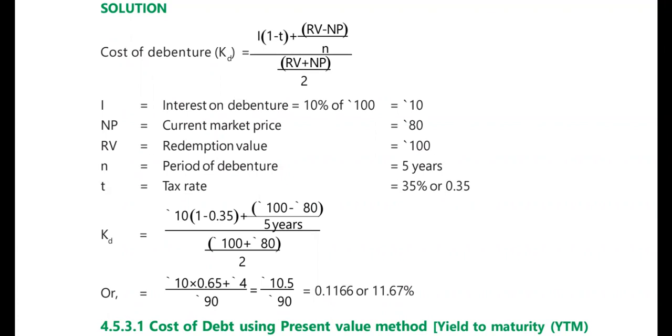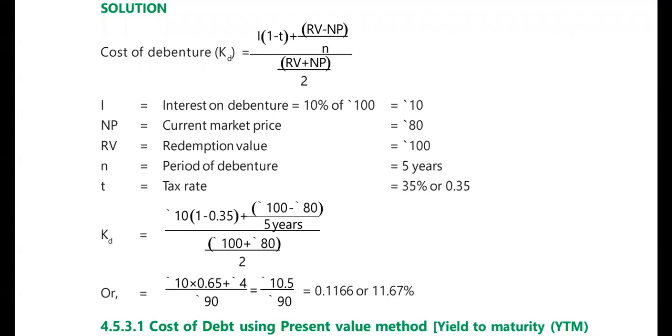Now let us put in the formula. First of all, I, that is interest, we have 10 rupees into bracket 1 minus 0.35, plus RV minus NP. So RV redemption value is 100 minus the current market price, because this might have been issued at a discount price, so 80, divided by 5 years. Again 100 plus 80 divided by 2.